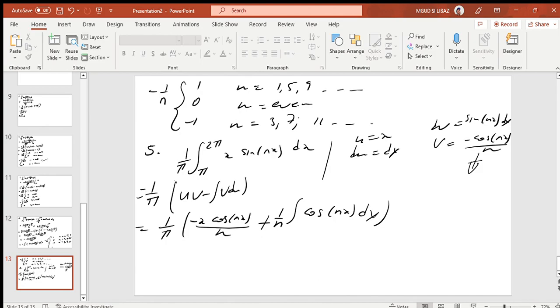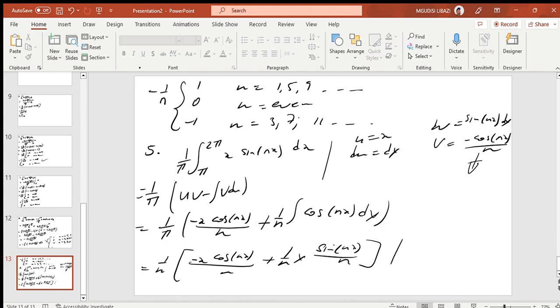And then after that, what we're going to have is 1 over pi, into negative x cosine of nx divided by n, plus 1 over n multiplied by the integral of cosine of nx, which will be sine of nx divided by n.